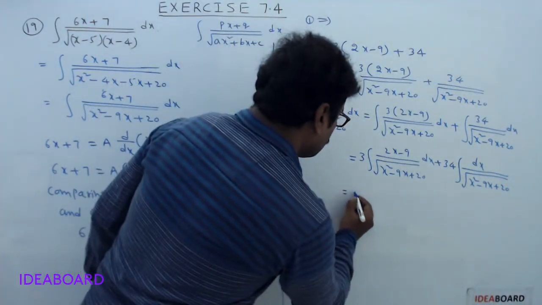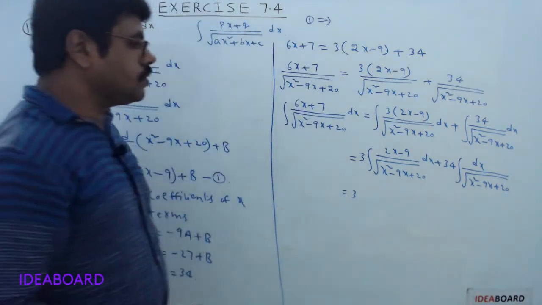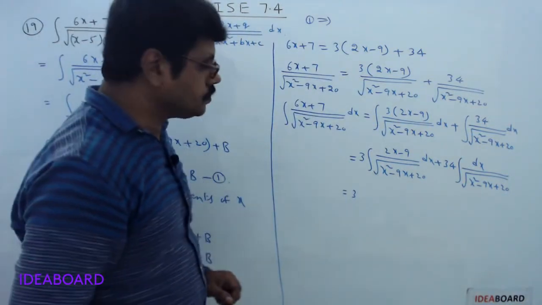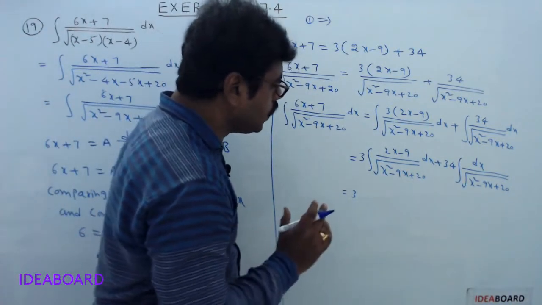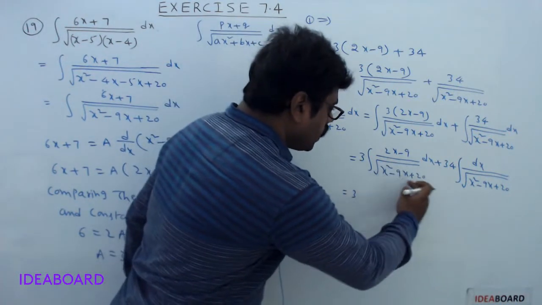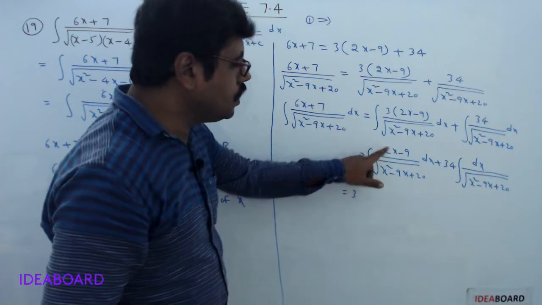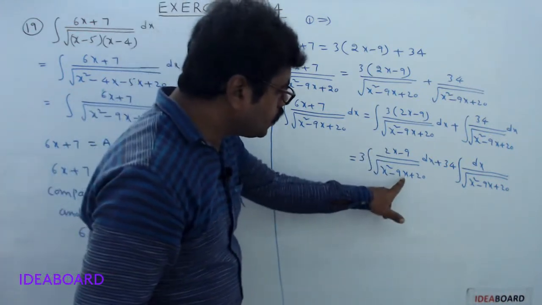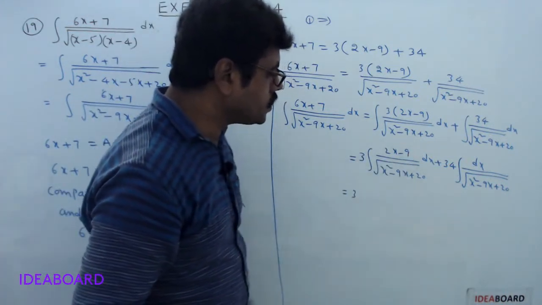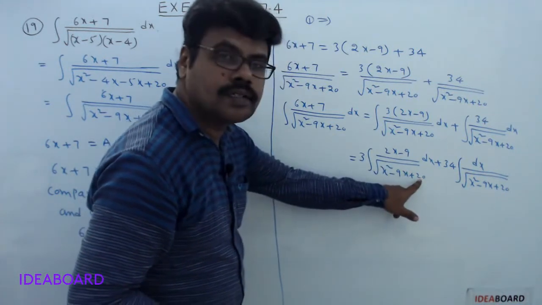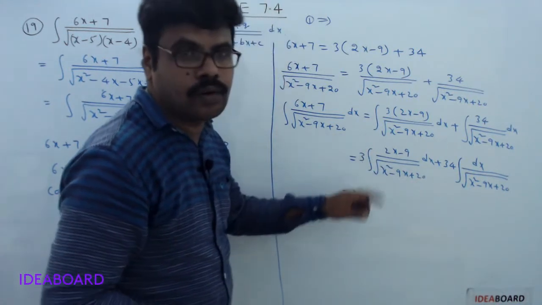Now this equals 3 into, if you observe the first term, what is the derivative of x square minus 9x plus 20? Derivative of x square is 2x, derivative of minus 9x is minus 9, 20 is the constant term, its derivative is 0.